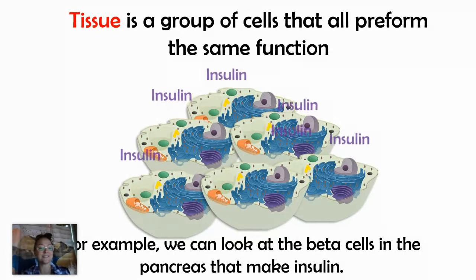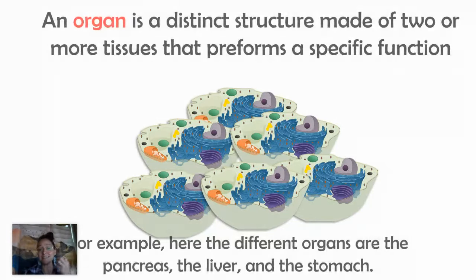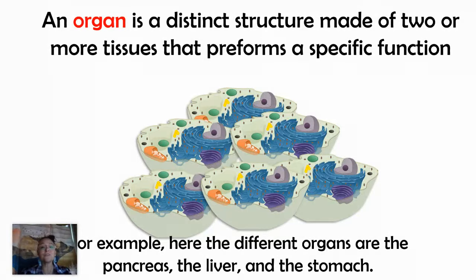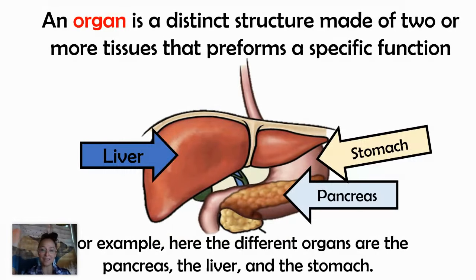We're going to use insulin as our example because that is a chemical messenger, and one way that the cells within the pancreas can communicate with the rest of the body. These cells are part of the larger organ, the pancreas, and within that pancreas there are other tissue types.